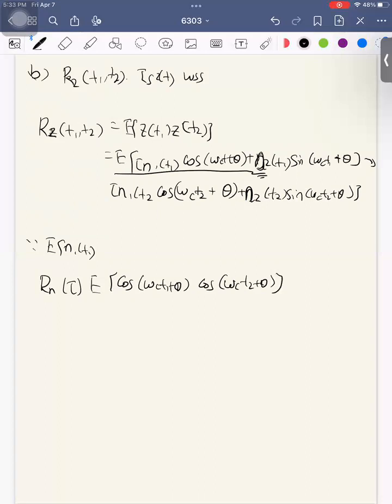Let me write this completely so we can see that more clearly.